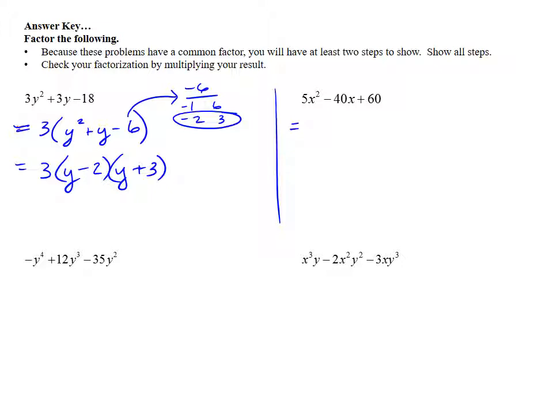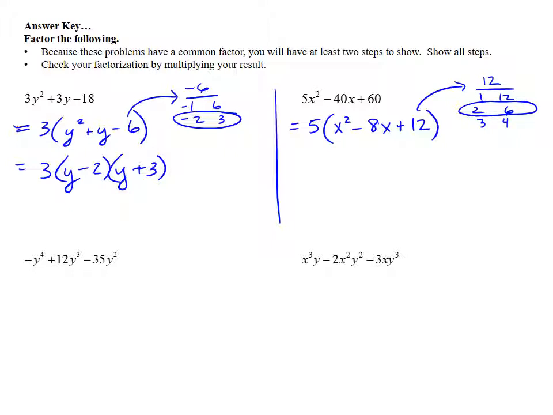In the next example, 5x squared minus 40x plus 60, I've got a 5 in every term, so take it out first. Then factor the trinomial into two binomials. The 12 is now the constant, so factor that, 1 and 12, 2 and 6, 3 and 4. 2 and 6 add up to 8.